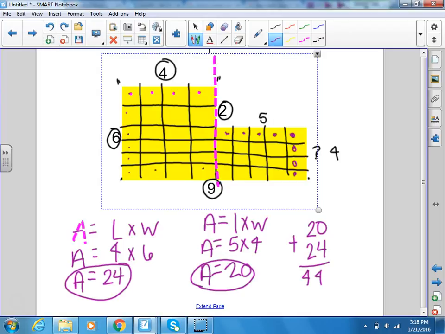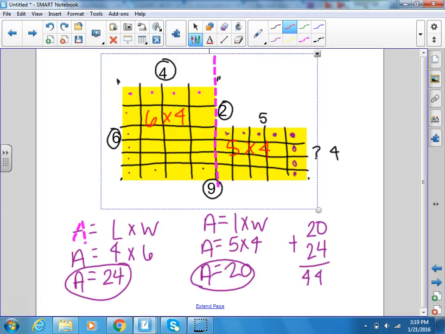If we wanted to check our work, we would simply count all of the squares. I also strongly suggest that you have your student or child write 6 times 4 and 5 times 4 inside of the rectangles.